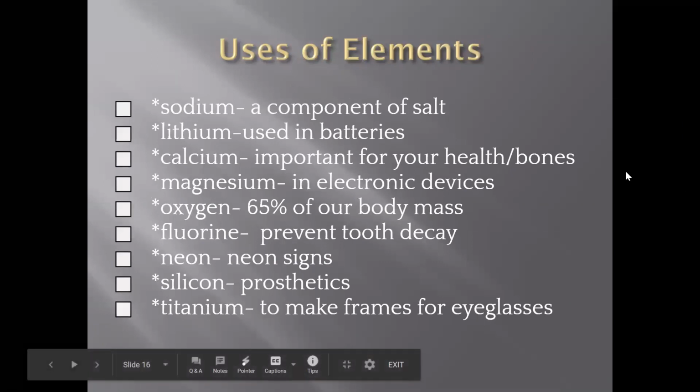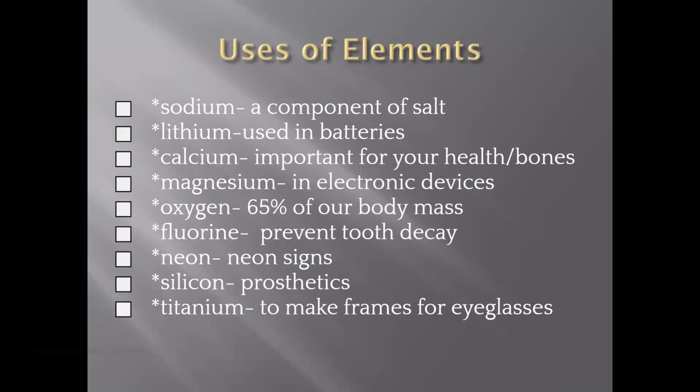Just to give you some ideas about the uses of different elements, we have sodium, which is a component of table salt. Lithium is used in batteries. Calcium is important for your own personal health and your bones. Magnesium is going to be in a lot of electronic devices, including cell phones. Oxygen is approximately 65% of our body mass, which I know seems weird.